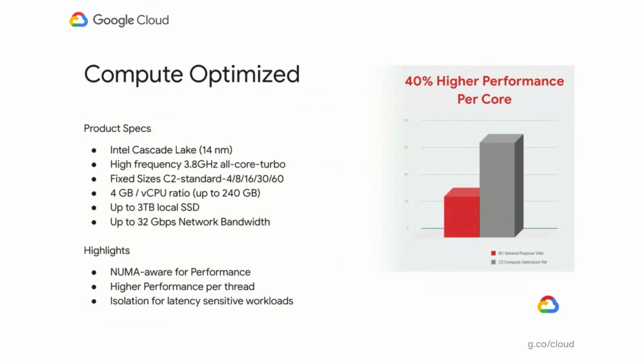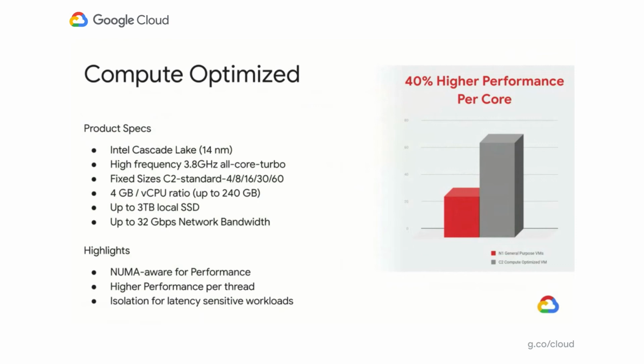The compute-optimized VMs are one of our latest additions to the Google Compute Engine virtual machine portfolio. They offer the latest CPUs, Intel scalable processors, Cascade Lake. They offer the highest frequency per core available on Google Compute Engine with up to 3.8 gigahertz. And they offer multiple shapes that go from 4 vCPUs to 60 vCPUs.